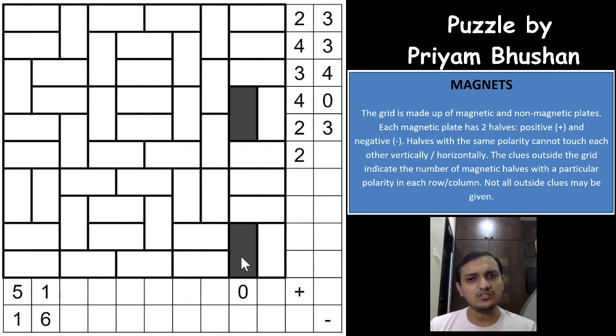The second thing is, sometimes you will have to look at a whole block of rows, or a bunch of columns, sorry. For the example you see here, let us count the number of magnetic poles, positive and negative, till the second row.